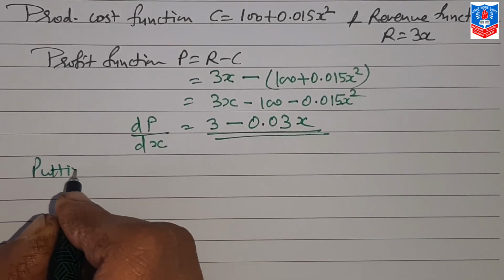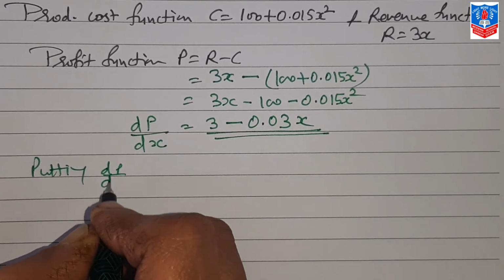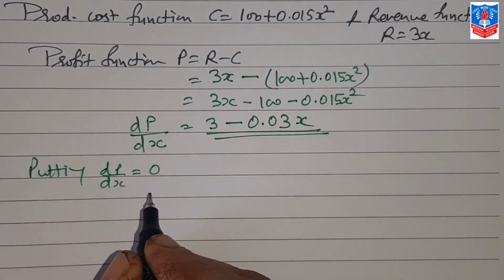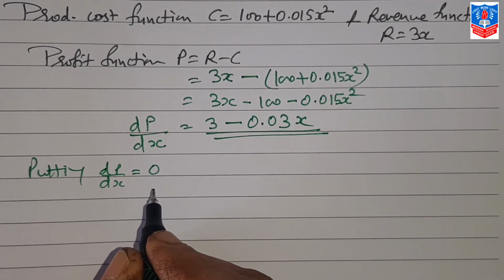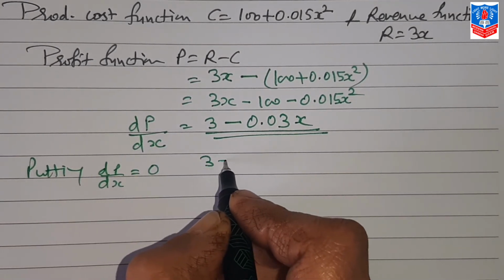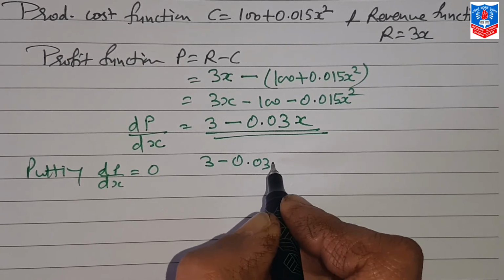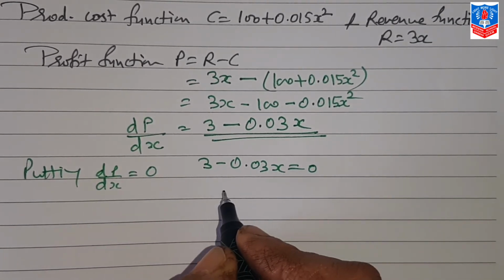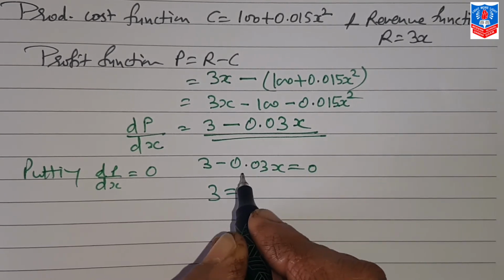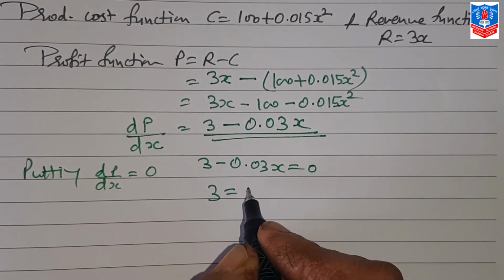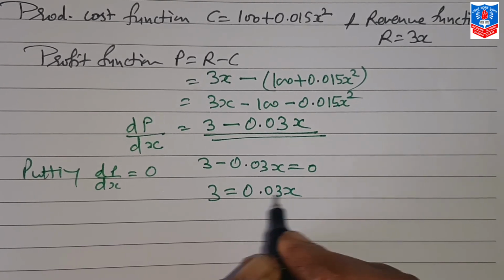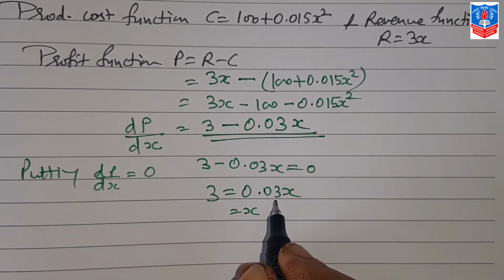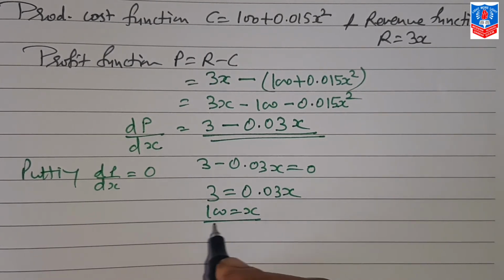Putting dp upon dx equal to 0, because that is our first condition, it will be 3 minus 0.03x is equal to 0. Based on that, we can find the value of x. If we take this to the other side, it will be positive. So the value of x is 3 divided by 0.03, which is 100.